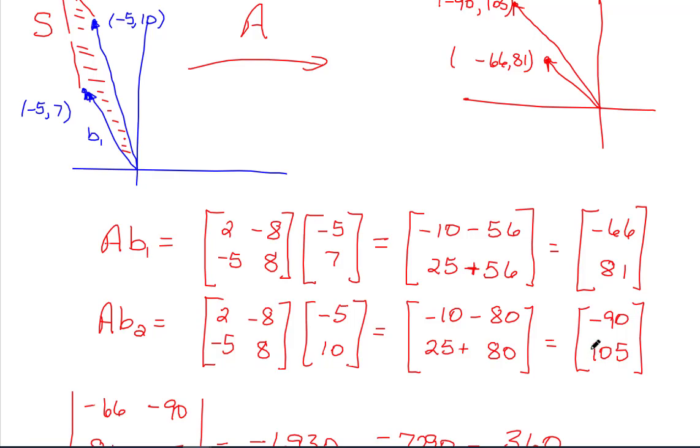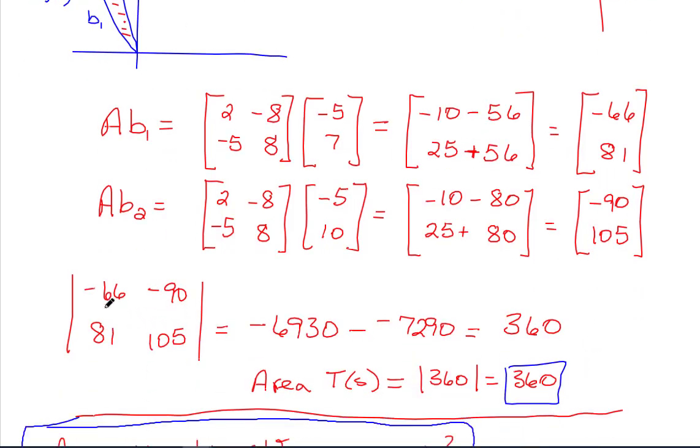So I actually have my new B1 and B2. And so I calculated the area there of the image where it went to. And so it's minus 6,930 minus a minus 7,290, and I get 360. And that's the area of the image.